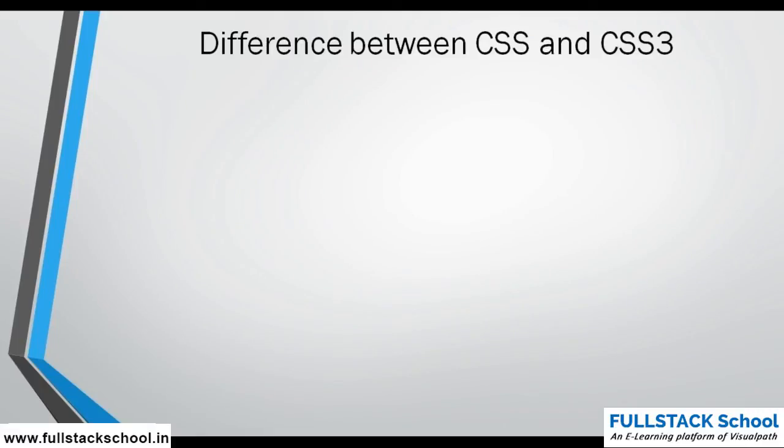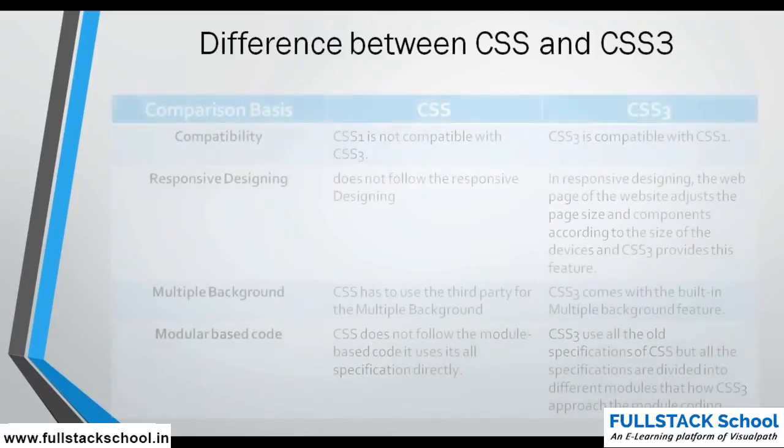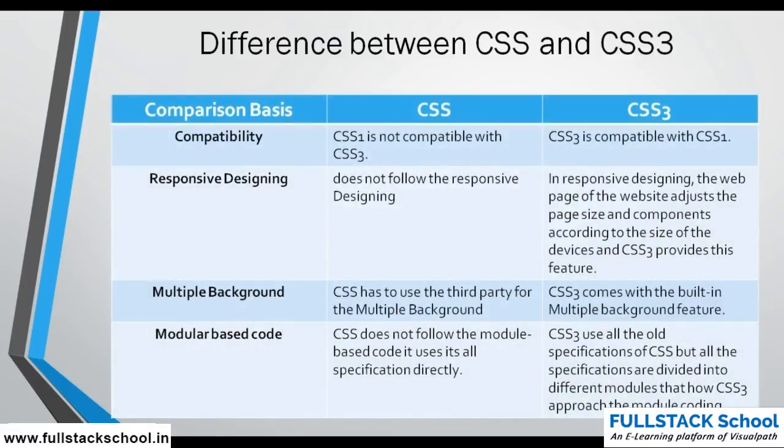Now let's understand the difference between CSS and CSS3. If you see on the screen, there is a comparison basis. The second column is CSS and the third column is CSS3. For compatibility, CSS is not compatible with CSS3, but CSS3 is compatible with CSS.